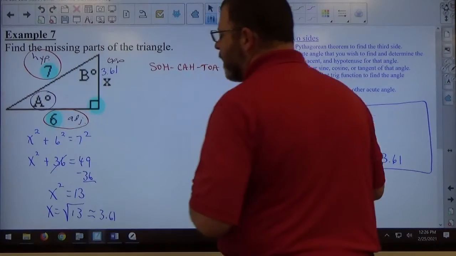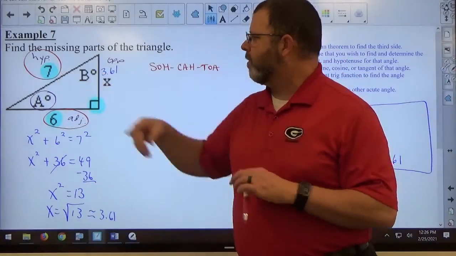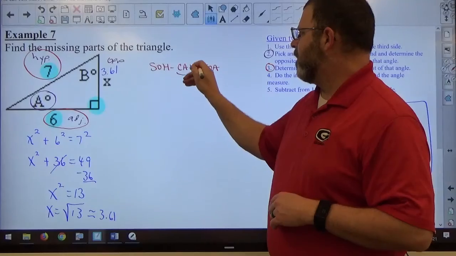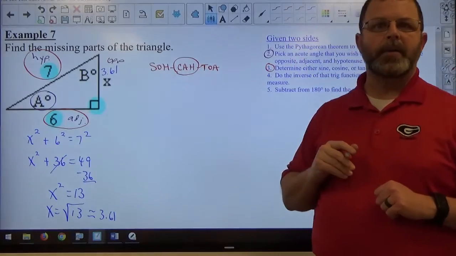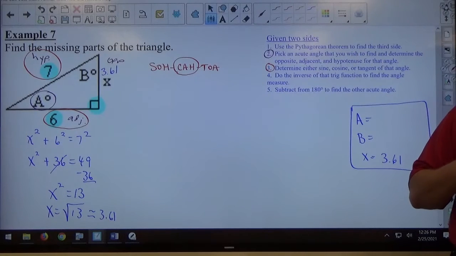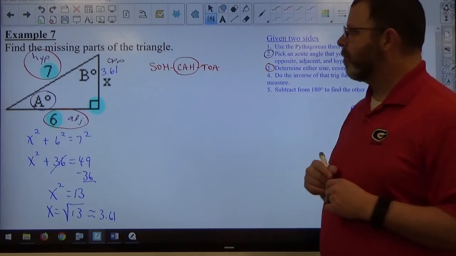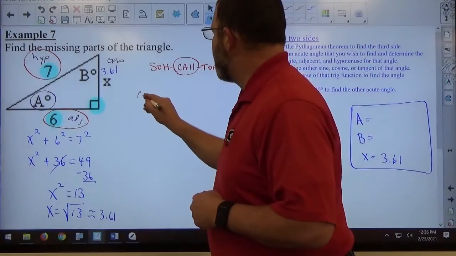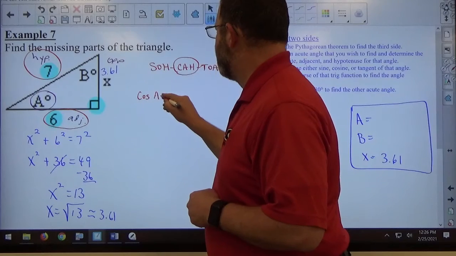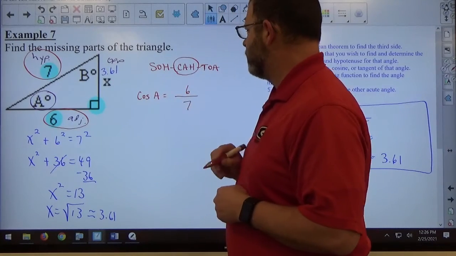So if I'm looking at that and I see that the sides they gave me are the adjacent and the hypotenuse to A, it tells me that cosine is the best one of the three to pick. Okay? If you pick sine or tangent, I'm not going to count it wrong. I'm just saying if you want the most accurate answer possible, pick the one with the sides you know from the problem. So, cosine of A equals adjacent over hypotenuse.